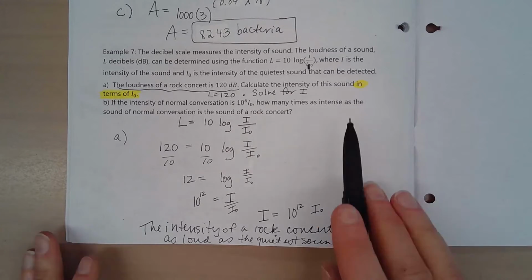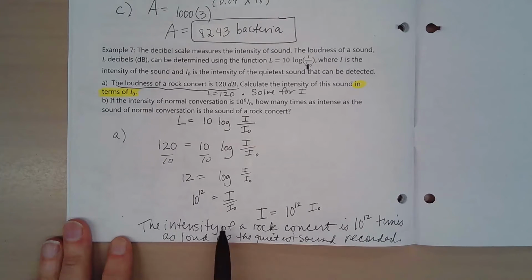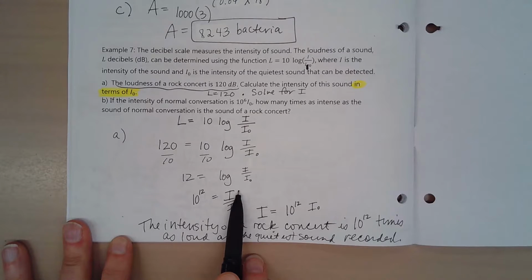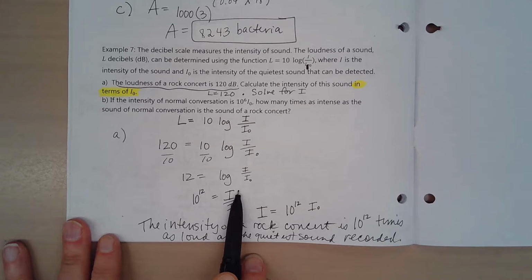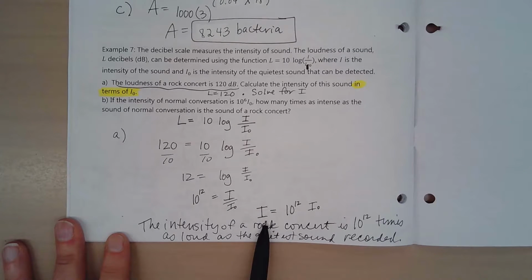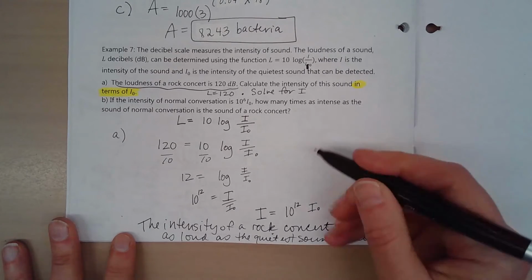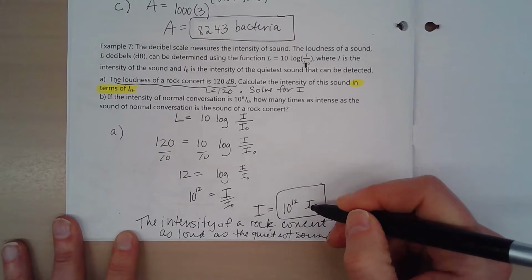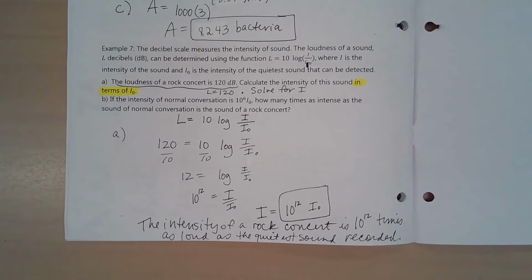When it says in terms of I0, they're just saying I multiplied these two together just to get I isolated. Is it asking for I or I0? It's asking for I. And this is the answer: 10 to the power 12 times I0.